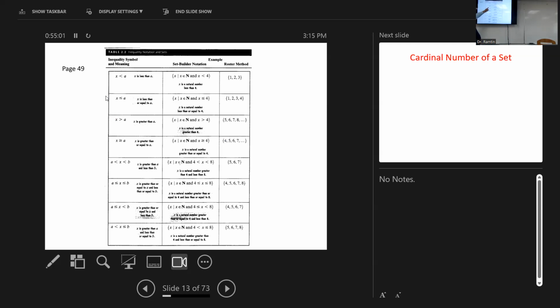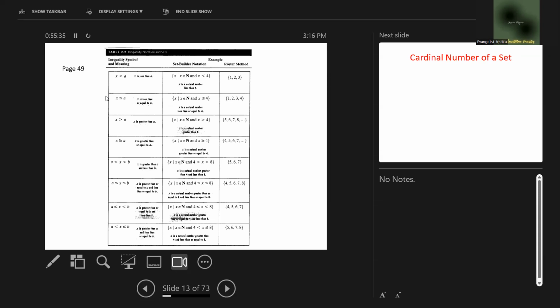In set builder notation you put braces, x such that, the vertical bar, x is a part of the natural numbers but is less than a, which is defined for us here as 4. So that's set builder notation. If I wanted to write it as roster notation, it would be all the natural numbers less than 4, which would be 1, 2, and 3.